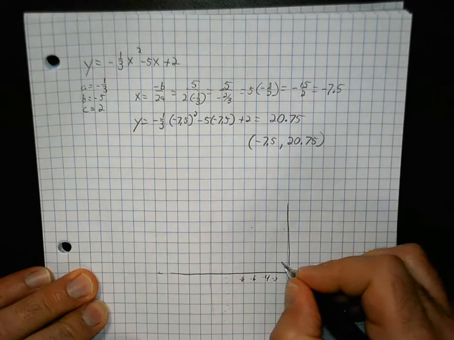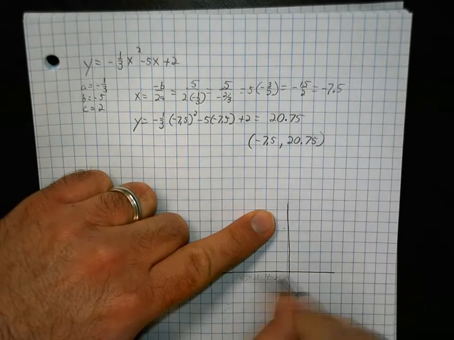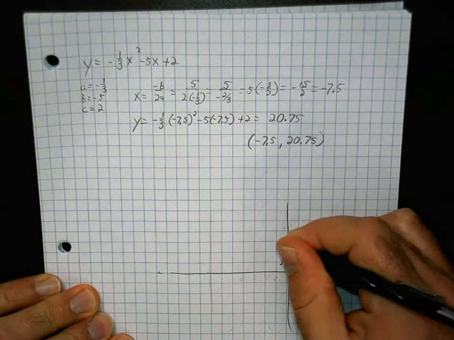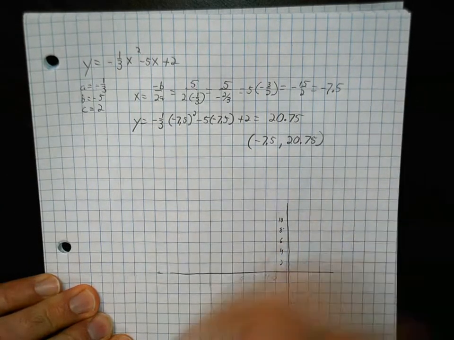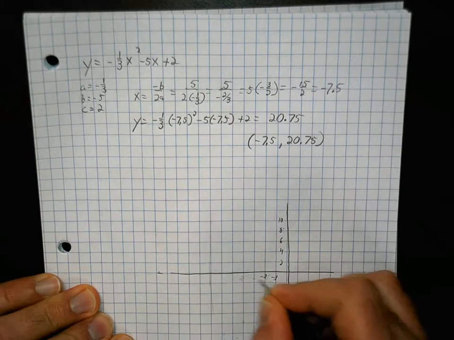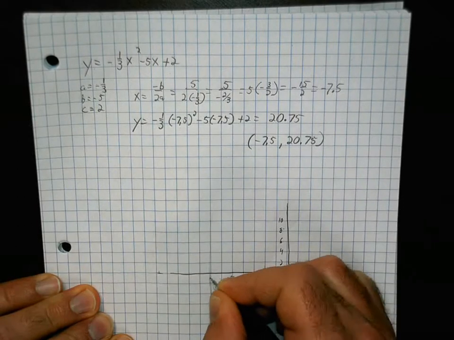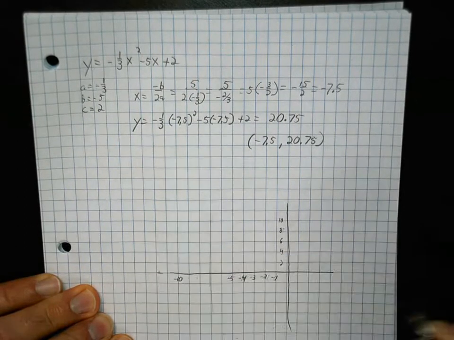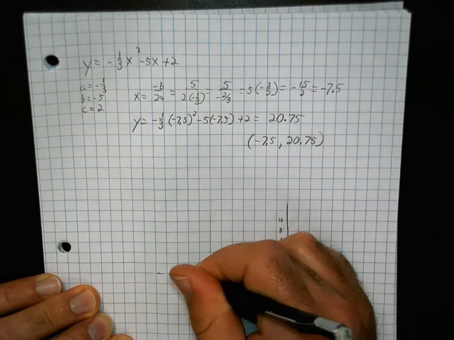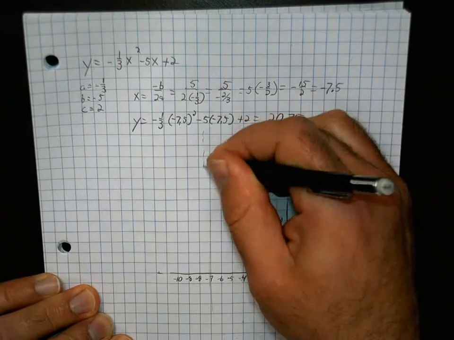Actually, let's just go by 1's on the x and 2's in the y. Okay, so negative 1, 10 there. So where's negative 7.5? It's halfway between 7 and 8, so I'm going to draw my line of symmetry.